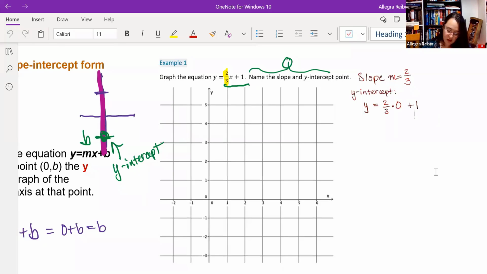So I'm using the 2/3 from the slope, and then the 1 was the remaining part of my equation. What do I get as my value? You can type this in the chat, you know this.